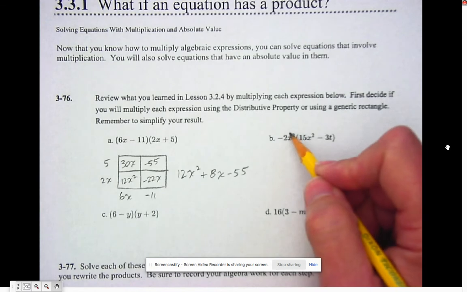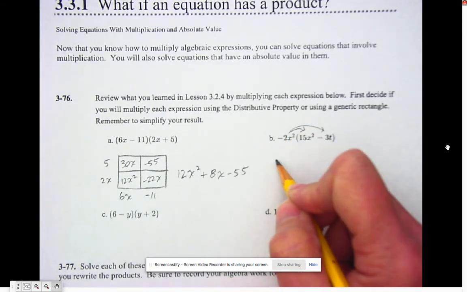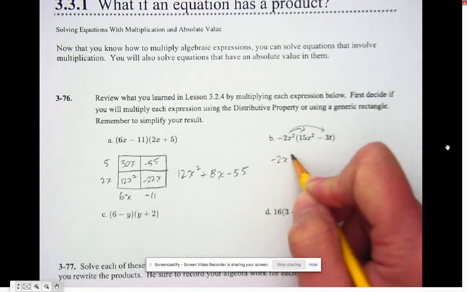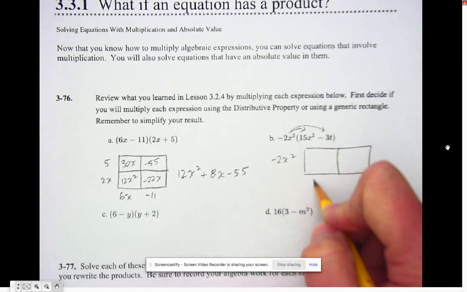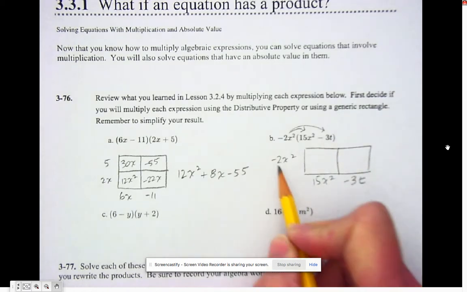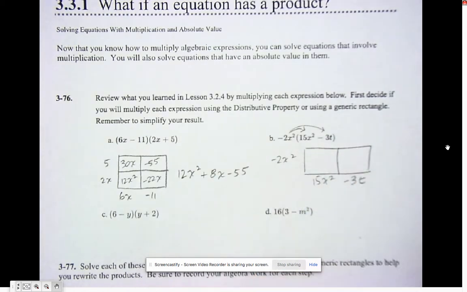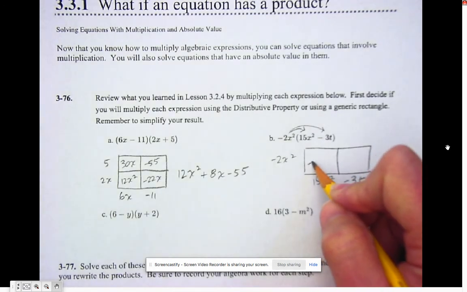Okay, so did you just use the distributive property, or did you use the generic rectangle? So for a visual, I've got negative 2x squared times 15x squared minus 3t. So I'm going to multiply these together, thinking of my exponent rule. Negative 2 times 15 is negative 30.